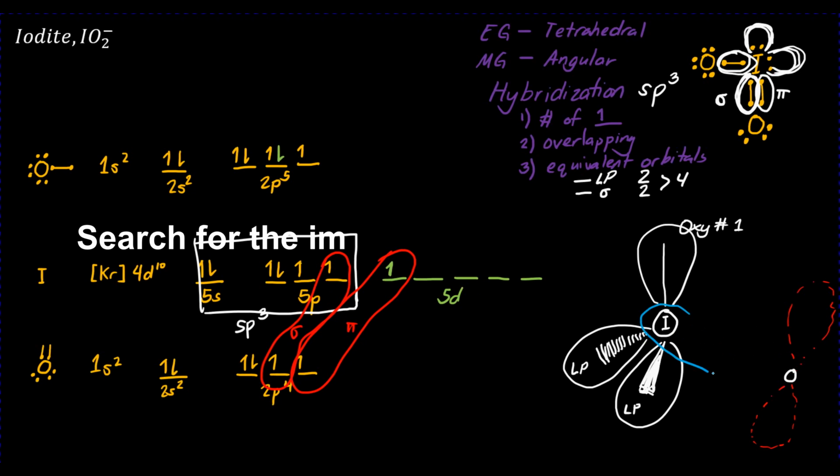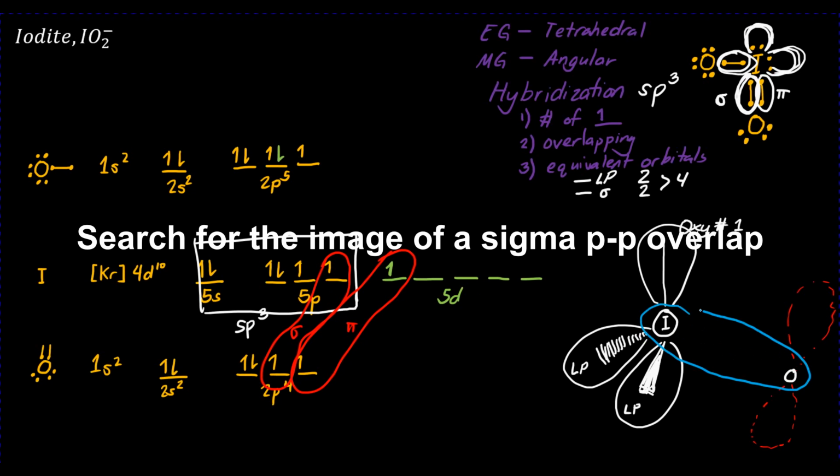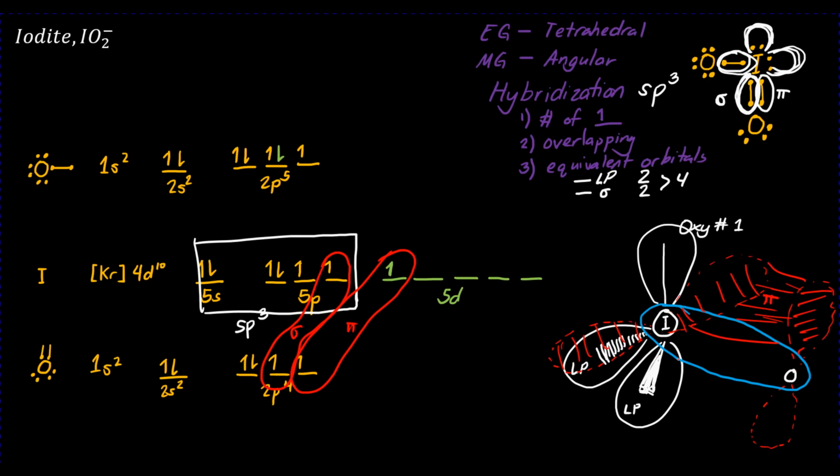Let's say this is the overlap to form a sigma bond, and then there's an overlap to form the second bond, the pi bond. Okay, so once again, we're using textbook procedures to explain how bonding occurred.